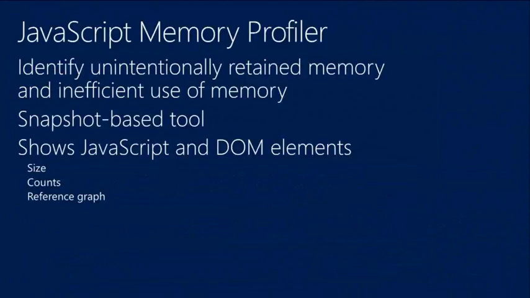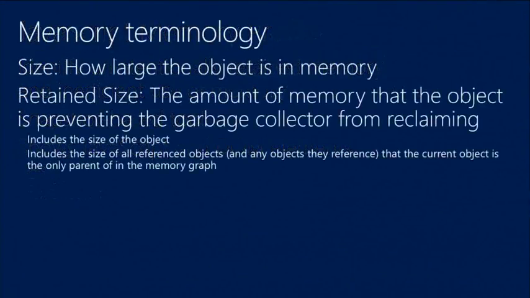And then the next thing that we looked at was the memory profiler. We've got some terminology to go over on this as well, just so that you understand, as you're looking at these tools, what these numbers represent. So size is how large the object is in memory, and retained size is how much memory the object is keeping the garbage collector from reclaiming.